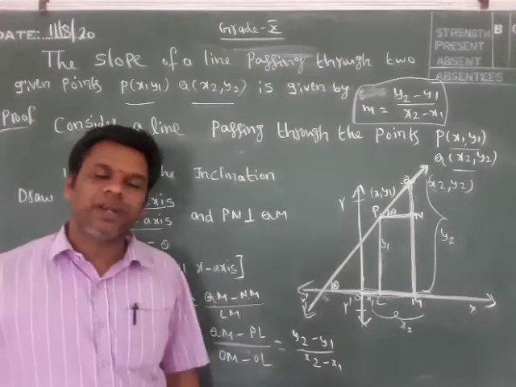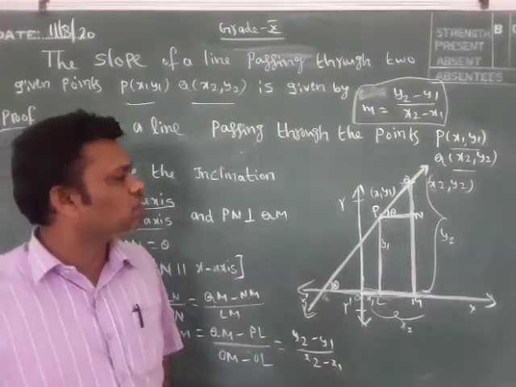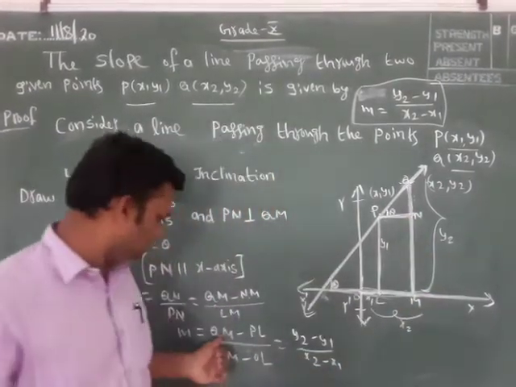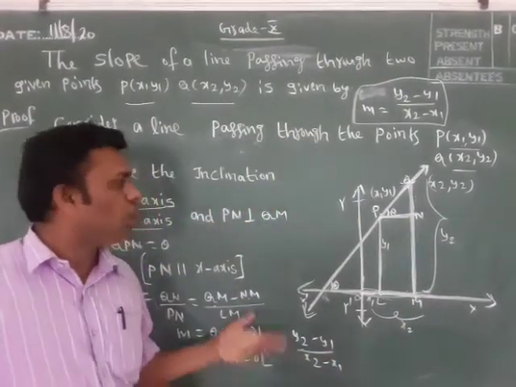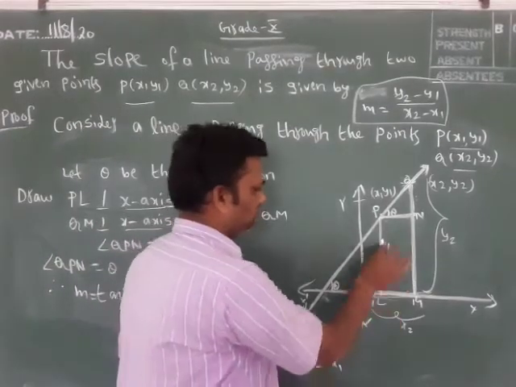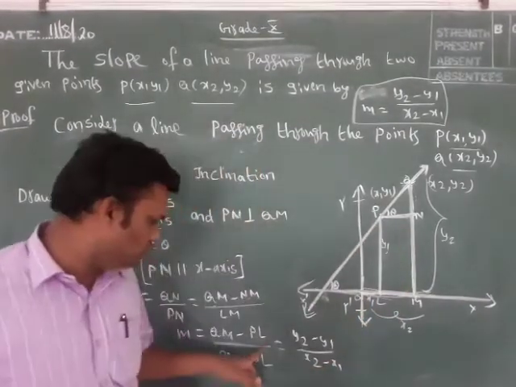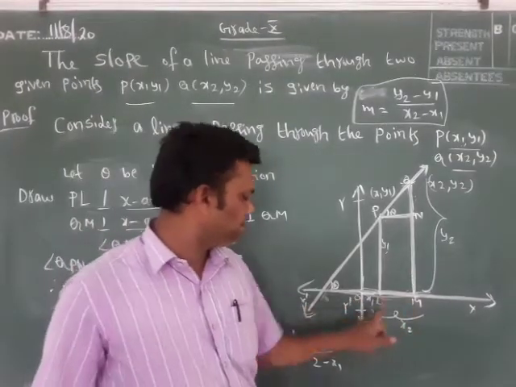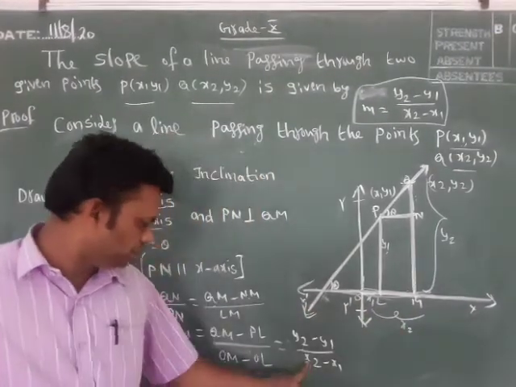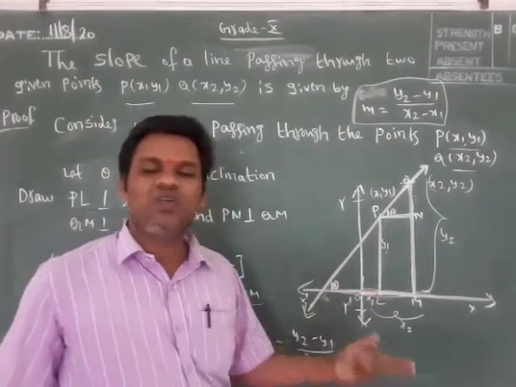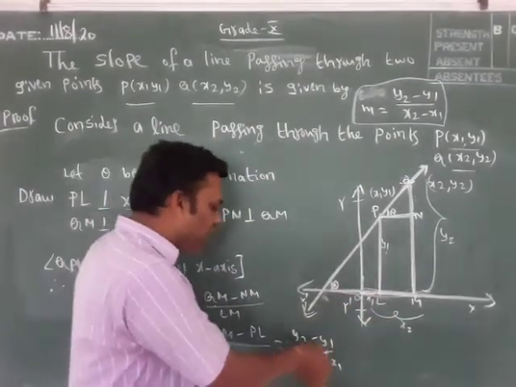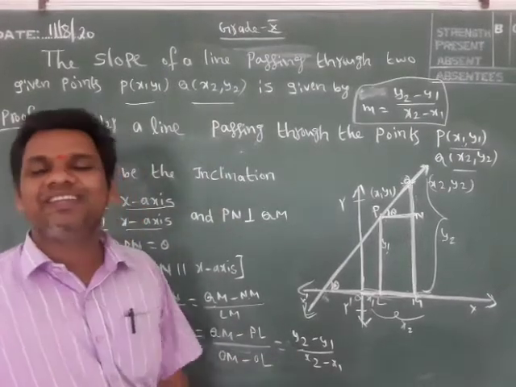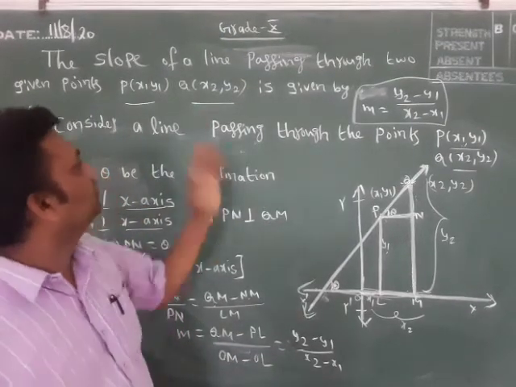Now come to our point. QM is y2 and PL is y1, so the numerator is y2 minus y1. OM is x2 and OL is x1, so the denominator is x2 minus x1. Therefore (y2 - y1)/(x2 - x1) is nothing but m.